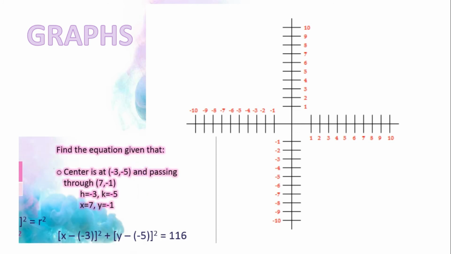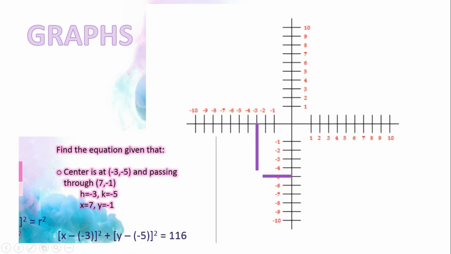Next, let's go to graphing. In graphing, the passing through point is used. What is needed in graphing is the center and the passing through point. First is the center. Let's locate the center first.